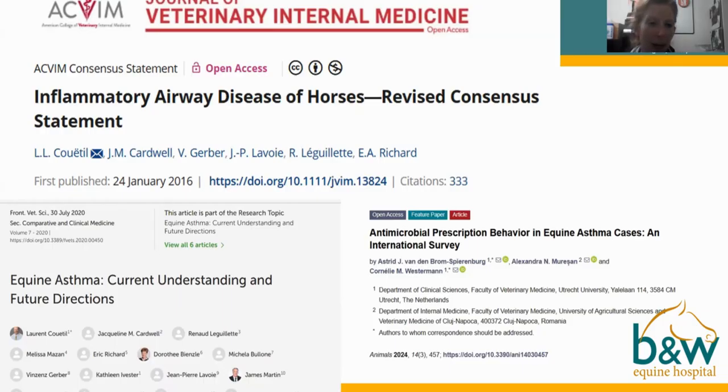The bottom left paper from Laurent Couetil's group is much more recent. It's a slightly heavier read, I would say. The ACVIM consensus statement is really nicely presented, but that more recent paper is obviously a bit more up to date. And then I put a link to the antimicrobial prescription thing if anyone wants to read it.